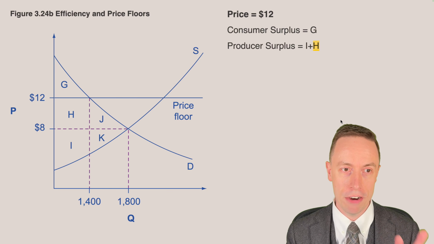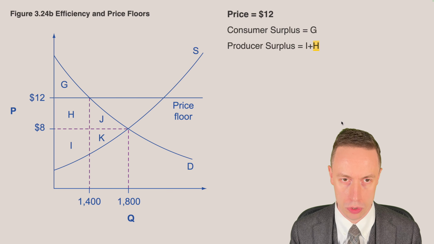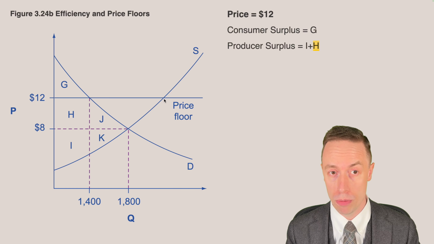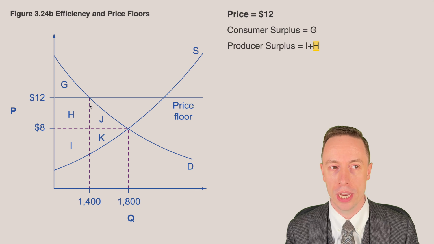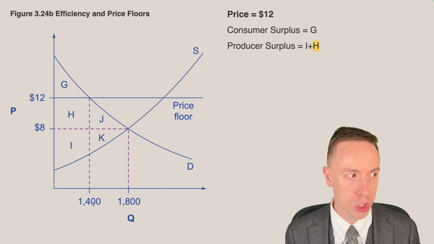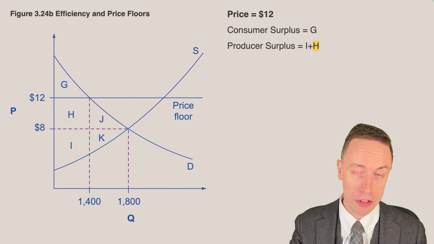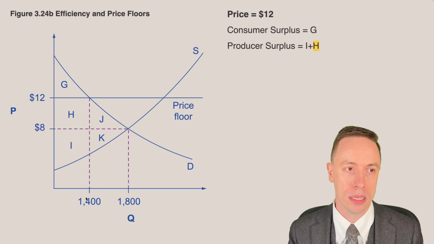Just be careful not to overcount. Even though sellers would love to sell a whole bunch more product, they can only sell what they've got a buyer for. So their sales end at 1400 units. Don't count producer surplus past that line. But let's see what we can find up to that line.